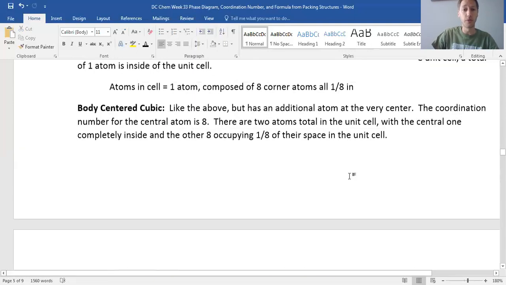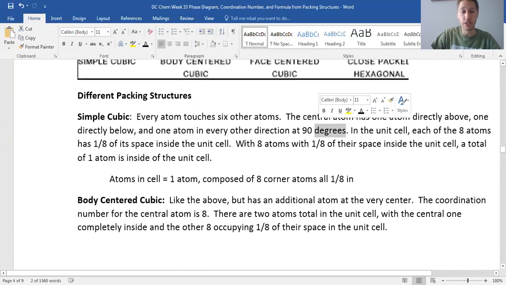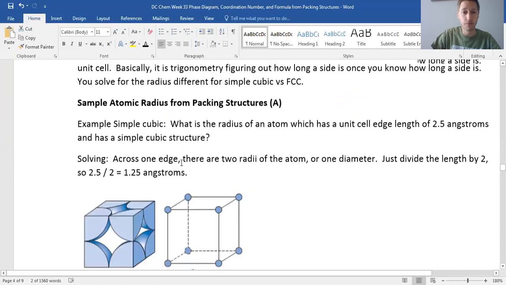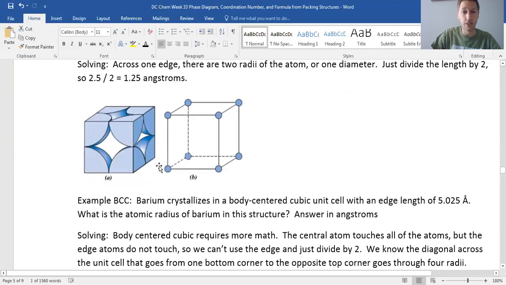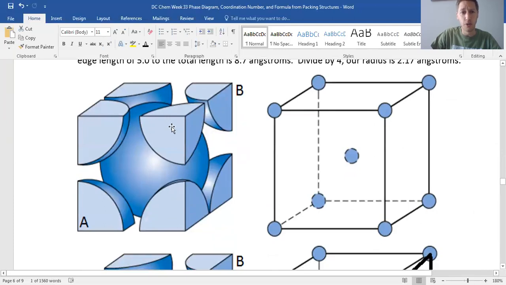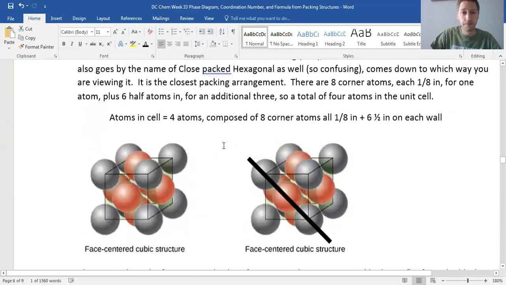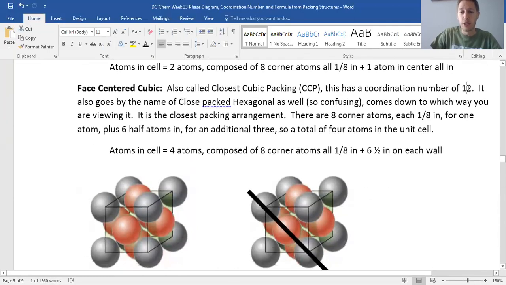I didn't mention the last one. This one here, coordination number is 8 because every single atom touches 8. So this one was a 6 up here because down here, everybody has 6 in contact. This one here, the central atom is touching 8. So every single corner. So face center cubic has a coordination of 12. Everyone touches 12.